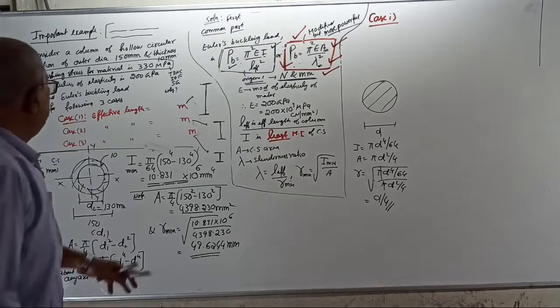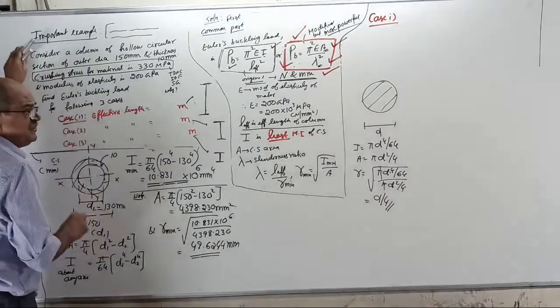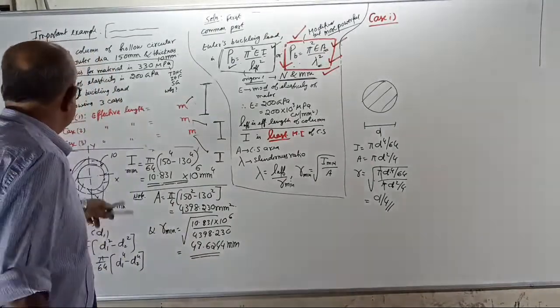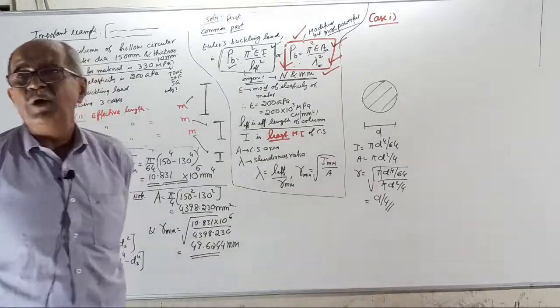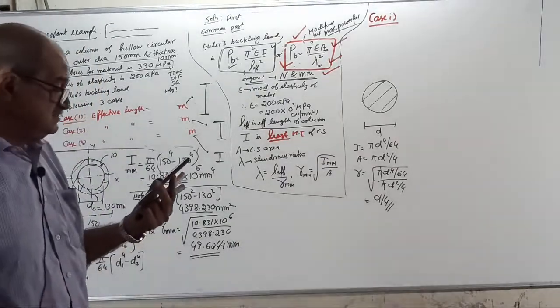Now, d by 4 means, see, here the outer diameter is 150. If it is a solid circular section of diameter 150, your R will be 150 by 4. How much?